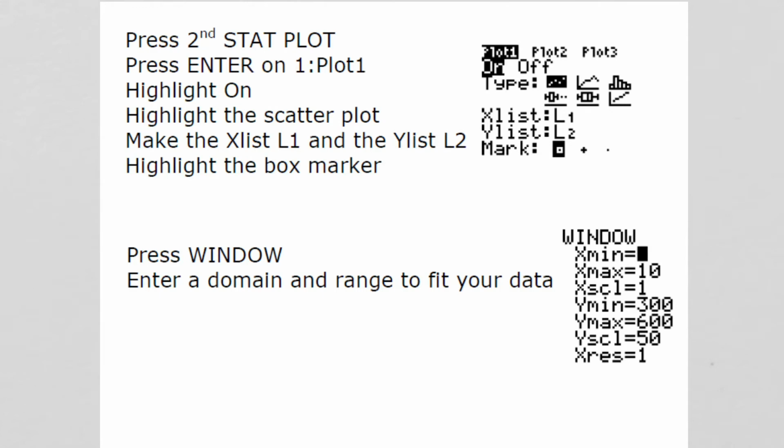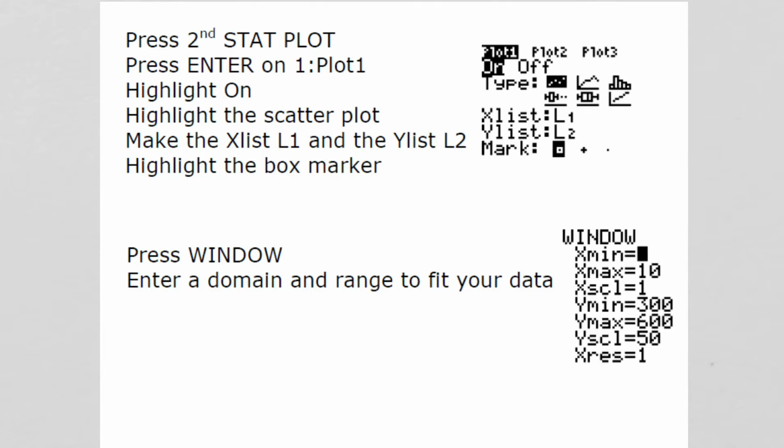Press second stat plot, that's above the Y equals button, and enter. On Plot 1, your screen might look a little bit different than this. Like I said, mine was old when I graphed this. This is the TI-83, so if you've got an 84, it might look a little bit different, but not much.